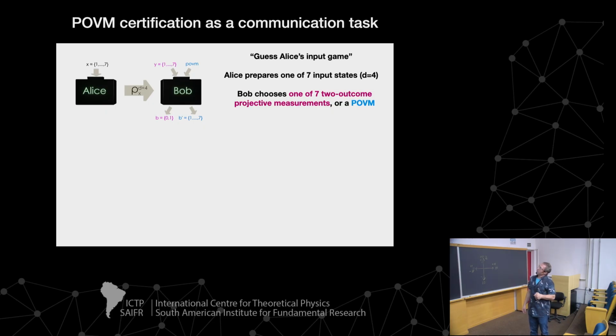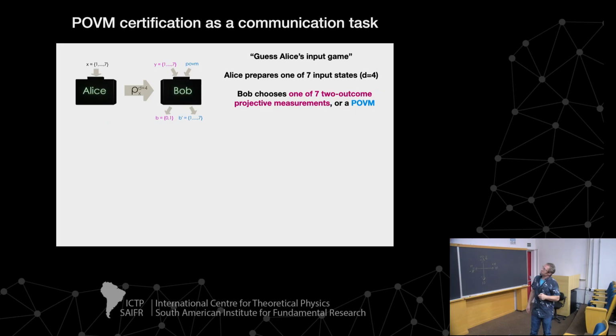One is going to be one of 7 different projective measurements, and these projective measurements are going to have 2-dimensional outputs. So these measurements are projective, but they're dichotomic, so they're 2-dimensional. And you can do this: if you have a d-dimensional projective measurement, you can just group the results and project into different subspaces. That's not a problem.